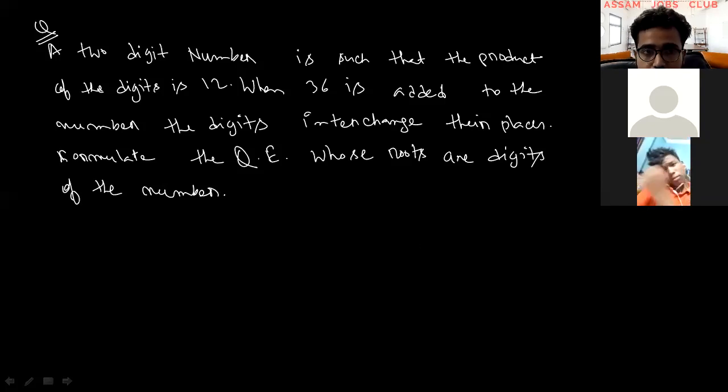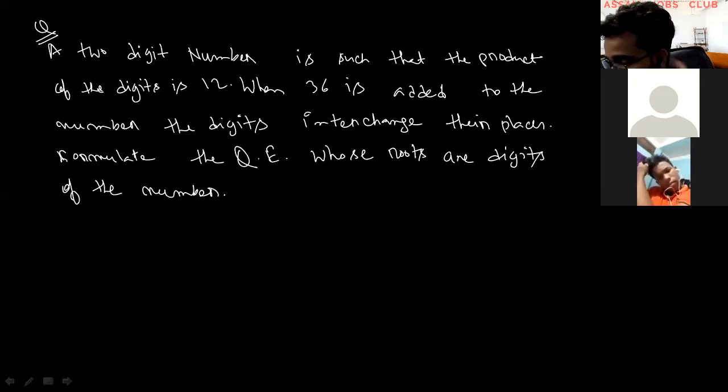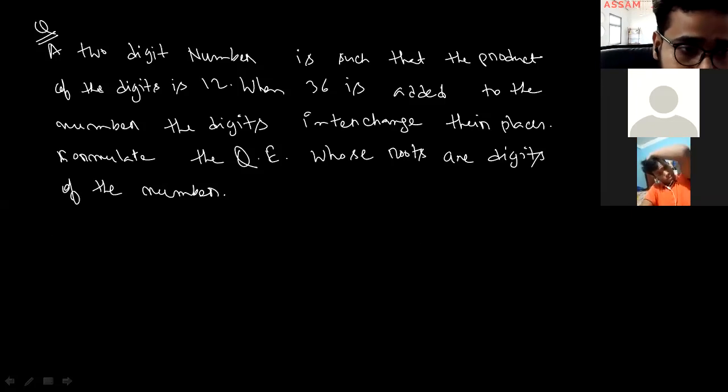That means, suppose a number is here. Suppose the unit digit is x, and the ten digit will be something else. The product of these digits is 12. Now see. So write down the solution.